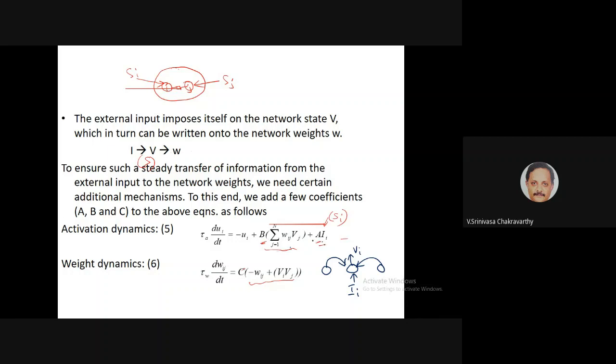So I'm introducing two new coefficients, B and A, just to distinguish these two terms, and using these two coefficients, I can control the relative magnitudes of the internal inputs and the external inputs, if I want to. Similarly, I introduce another coefficient C here. C here is not a function; it's just a coefficient. It's a product, and if I make C equal to 0, weight update will stop. Weights won't change anymore. If C is a positive high number, then weights will change. So I'll make use of these three coefficients: A, B, and C.